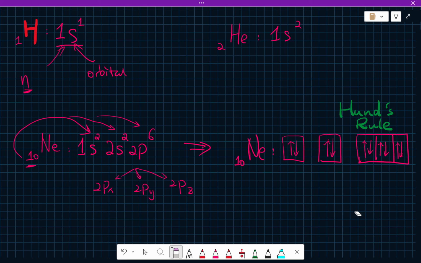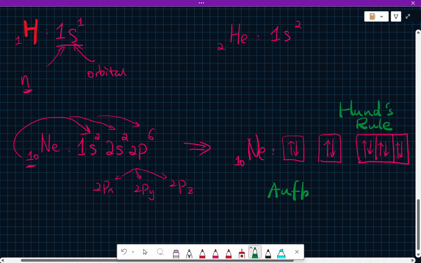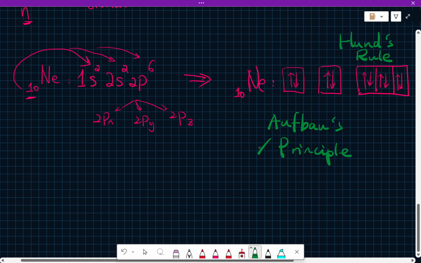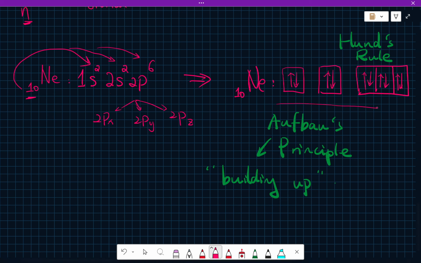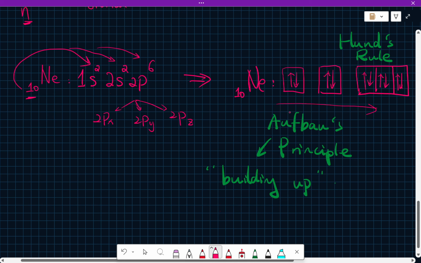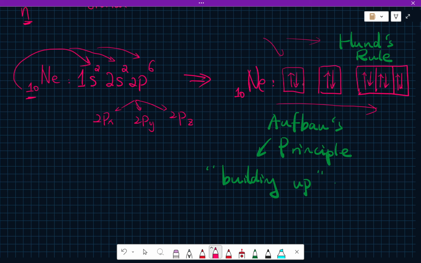Another principle that we're using consciously or subconsciously when we are filling the orbitals is called Aufbau's principle. This is German, which translated into English means building up. This principle essentially says that when we're filling in the orbitals of a particular atom, we always start from the first energy level, then the second energy level, third energy level, and so on.